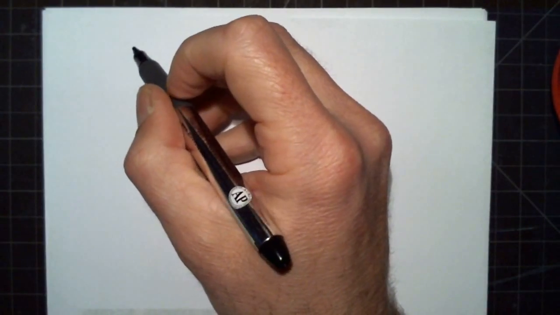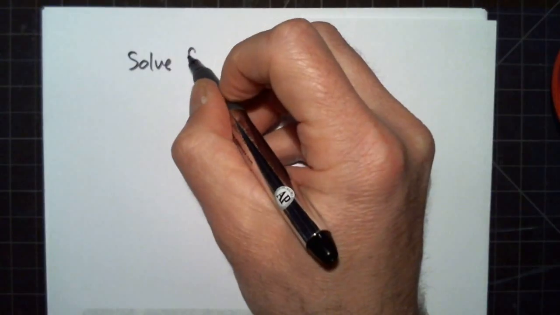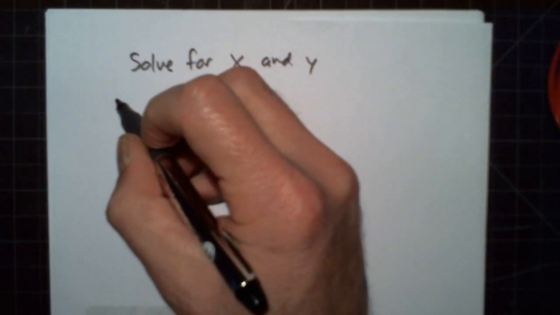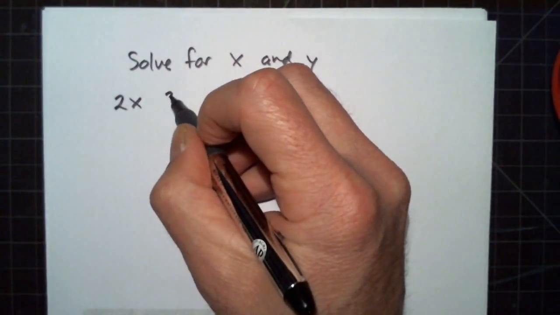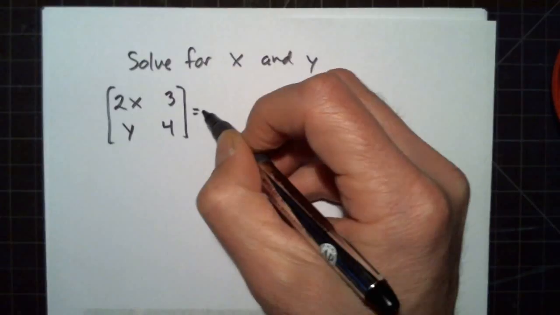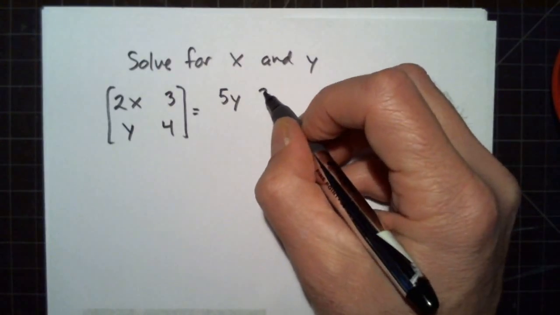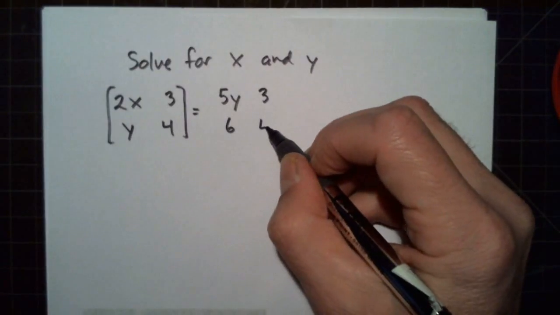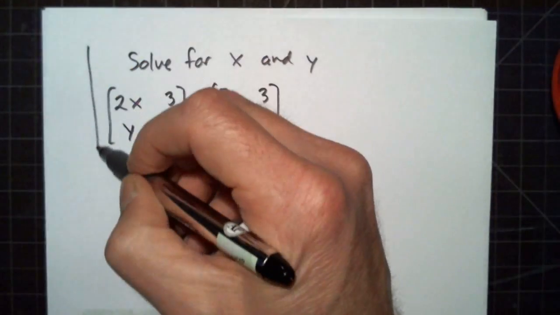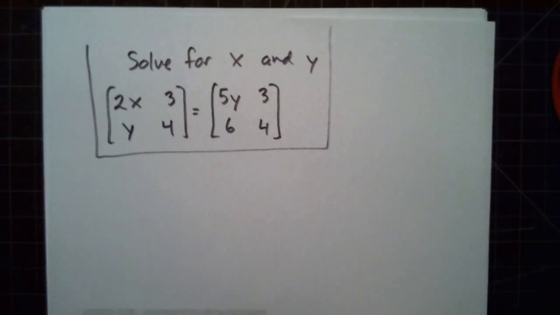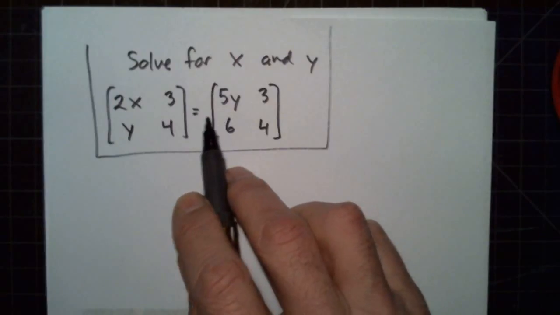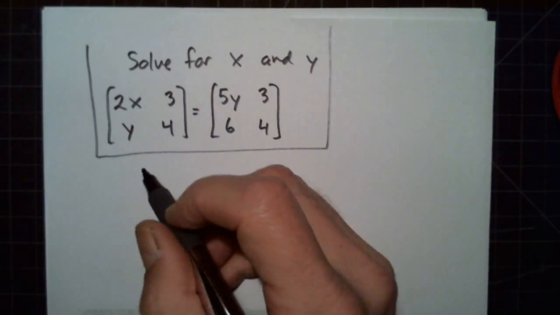Last example. And here we could have variables throughout each matrix, but if the matrices are equal, then we know that 2x is equal to 5y.